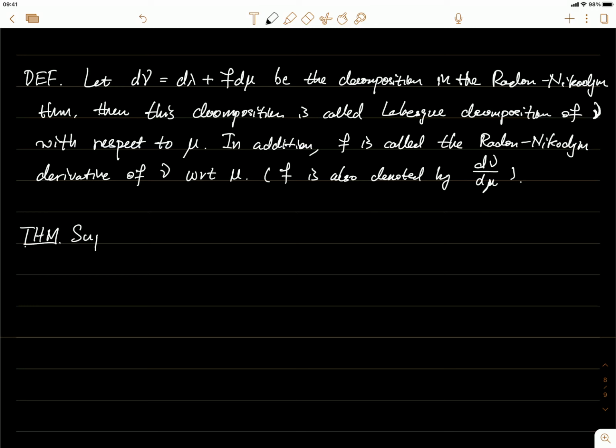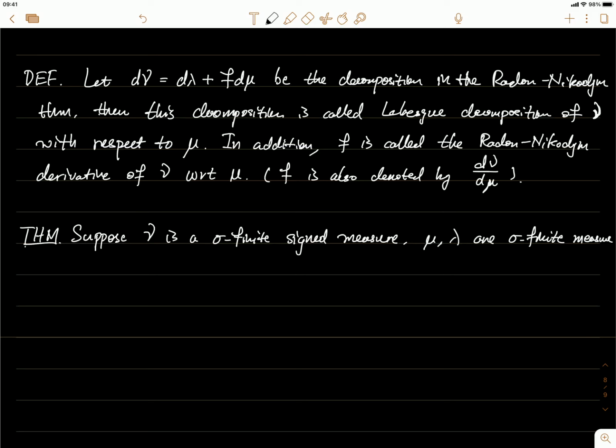Suppose nu is a sigma finite signed measure, and these two are sigma finite measures.